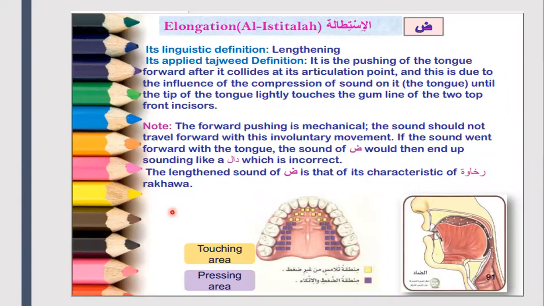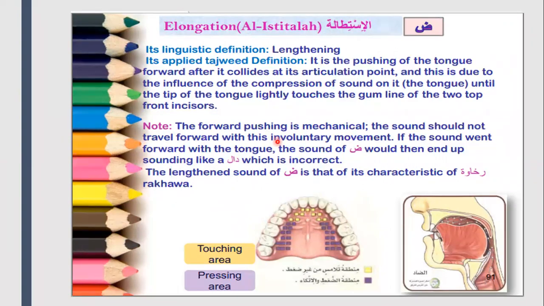Elongation, istitala, is basically the lengthening of the sound. So if we have the dhad, if we say dho, the sound is lengthened, and it's not like the mud, but it continues. The sound continues for a while.